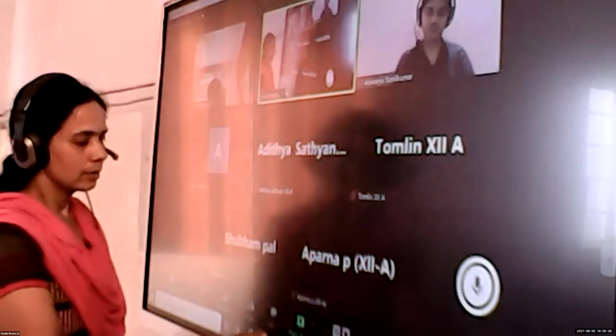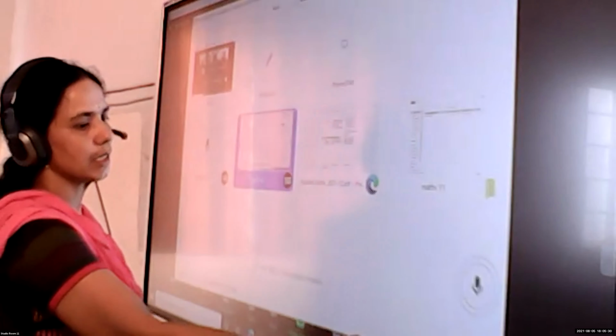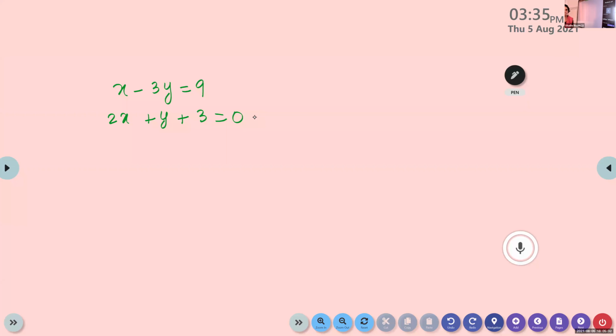Now the third method we are learning is the row reduction method. First of all, we should write the equations in the general form: ax plus by, with the variables on one side and the constant terms on the other side.